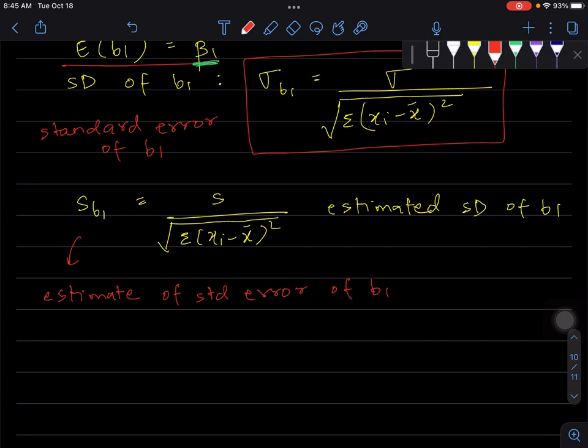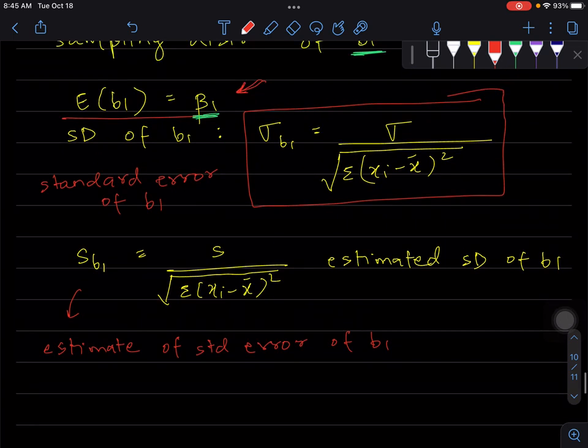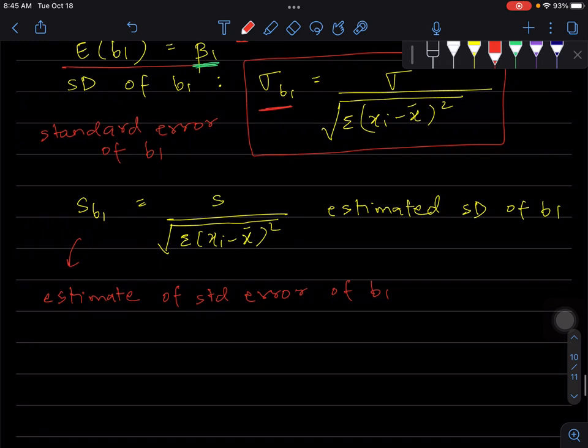Why we need it, we'll get to know. For now we need to know that this is the standard deviation of b1. It is also called the standard error of b1, and this here is the estimated standard deviation of b1, also called the estimate of the standard error of b1.